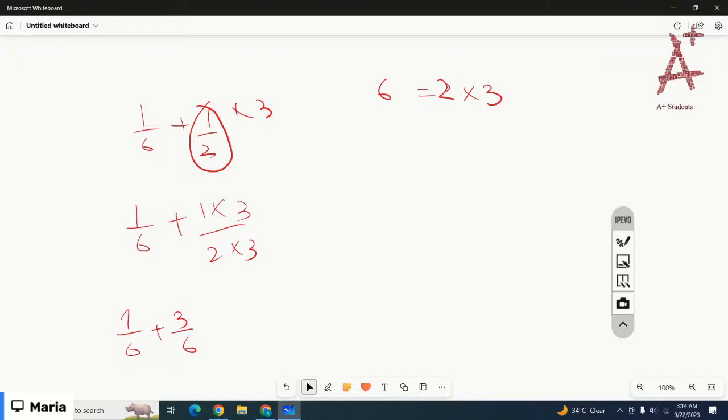They have like denominators now, so you simply add their numerators. 3 plus 1 is 4 over 6. The sum is 4 over 6, and you can see both 4 and 6 are multiples of a common number, 2. You can divide them both by 2. So the answer is 2 over 3.